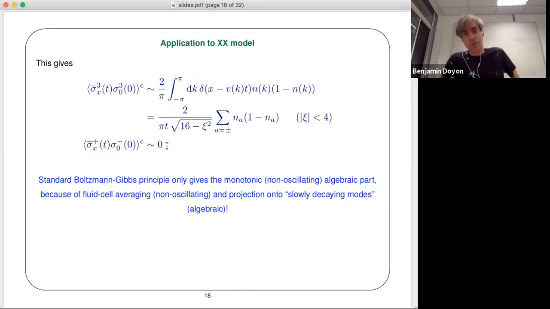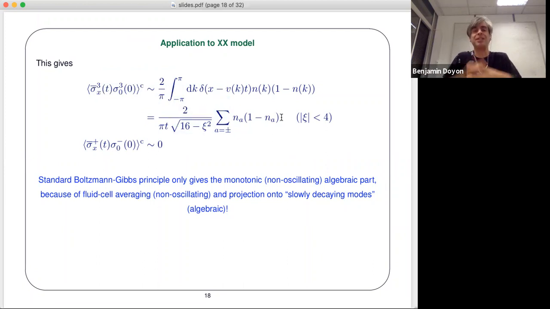Okay. So what we find is that this nice, very general formula, the Boltzmann-Gibbs principle, gives you the correct asymptotic at large time, the correct algebraic decay at large space-time, except that sometimes it gives 0, and so it's not very useful. But when it gives non-zero, it gives something useful, and it produces the right thing that you could have computed from saddle point analysis.